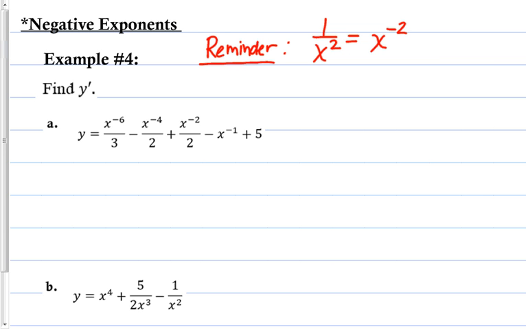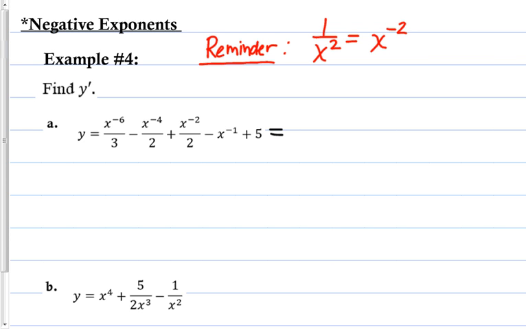Negative exponents, they're not any different than regular exponents. I'm still going to subtract one, but I'm going to rewrite it just so that we don't get confused with all the fractions everywhere. Eventually, I hope, you don't have to rewrite this. So I'll write it over here.